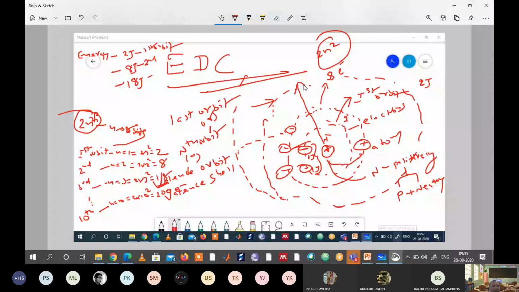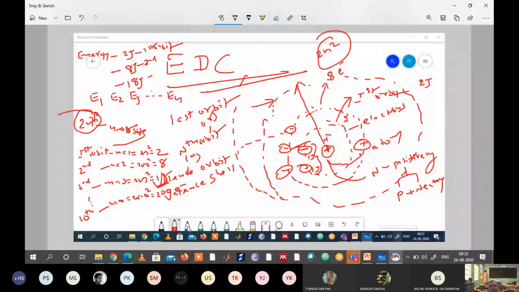Suppose I assume the energy possessed by first orbit as E1, by second orbit as E2, by third orbit as E3, and by the nth orbit as En. Then tell me, what is the relation?